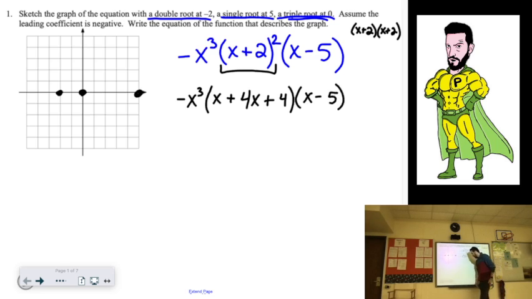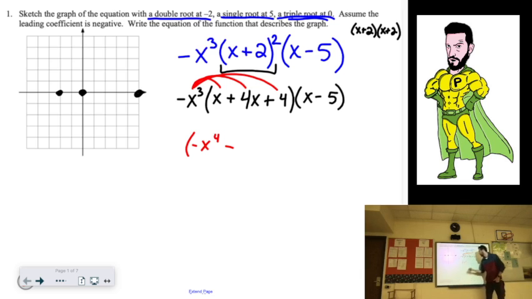Okay. So we can multiply the parentheses first, or we can distribute the negative x cubed to one of them first. I'll just go ahead and distribute the x cubed. Why not? So that would give us negative x to the 4th minus 4x. Oh, I forgot my squared on the first one.